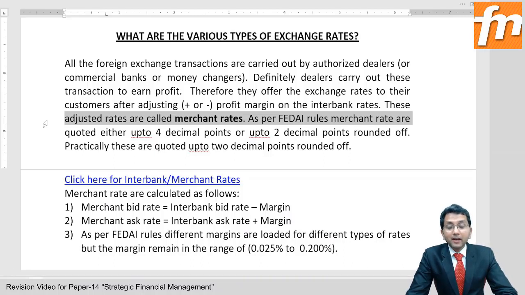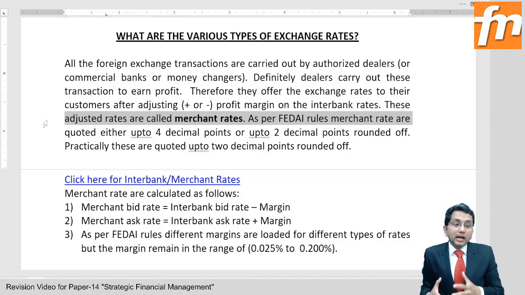Now, as per FEDAI rules, there is an association in India called the Foreign Exchange Dealers Association of India. If you're a foreign exchange dealer, you're bound by FEDAI rules.